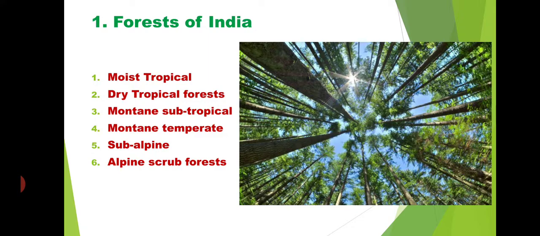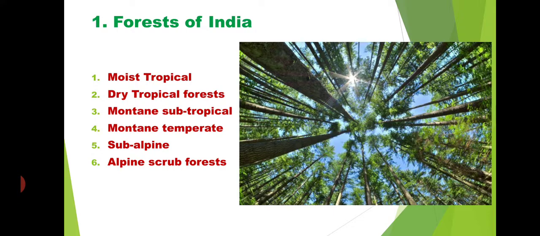But the now accepted type of forest classification is this one, that is moist tropical forest, dry tropical forest, montane subtropical forest, montane temperate forest, subalpine forest, alpine scrub forests. To adjust the space here, I have not added the word forest for every type.